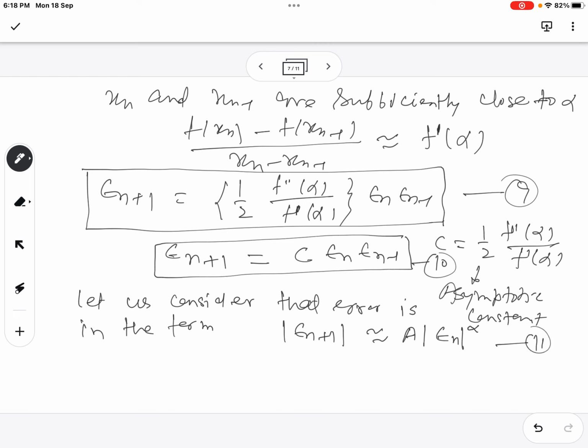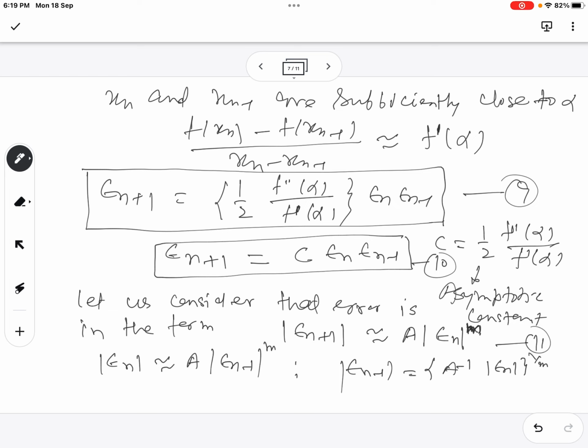And so I can write down for the nth error will be approximately, or let me take it as m so that there should not be any confusion. So m over here, and from this I can write down it as A inverse multiplied by nth error to the power 1 by m.